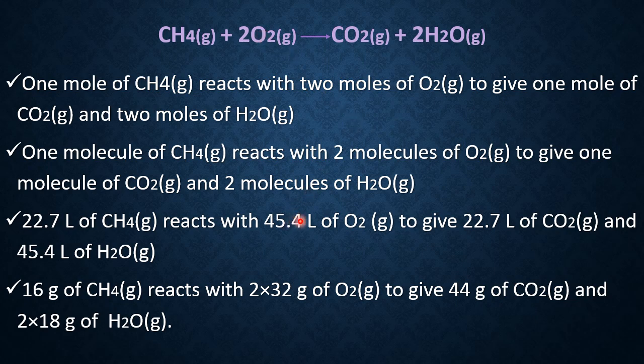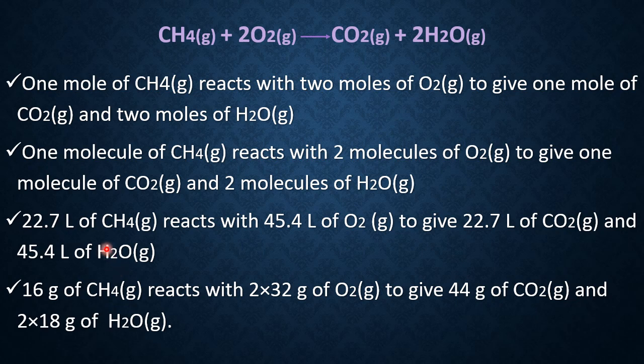Now, how many moles of CO2? 1 mole, which is once again 22.7 liters as per Avogadro. And 2 moles of water in terms of gas volume is 2 into 22.7, that is 45.4. So this is in terms of volume.